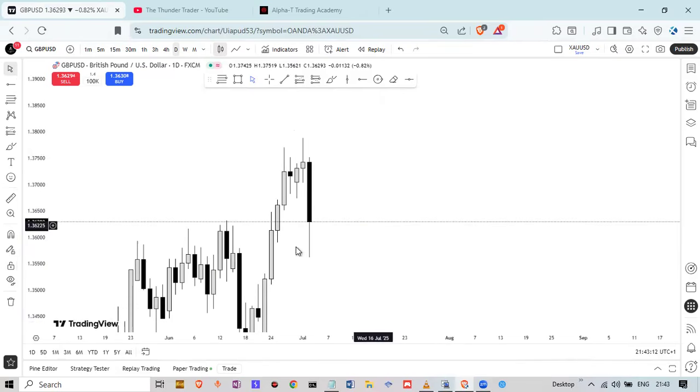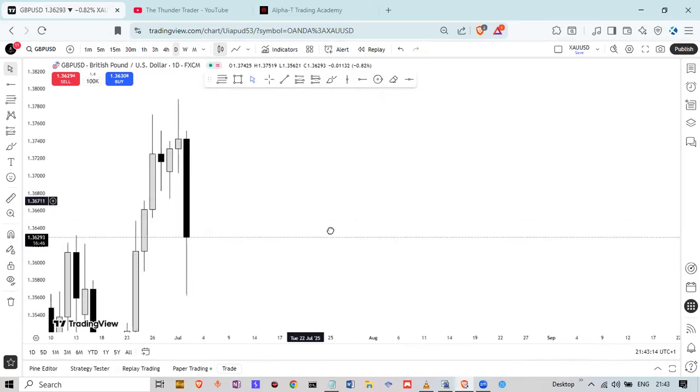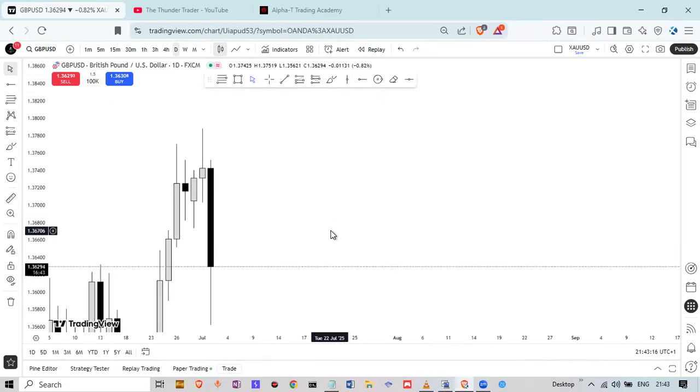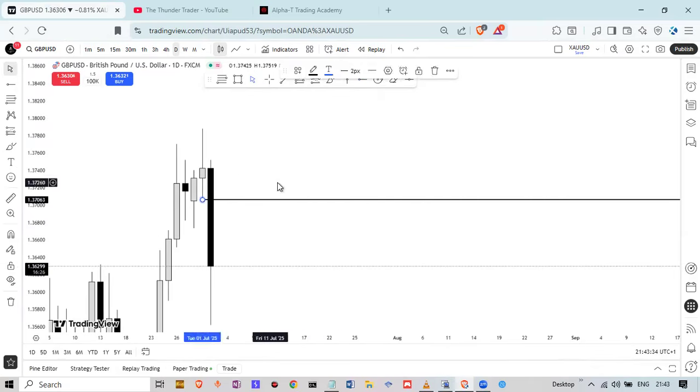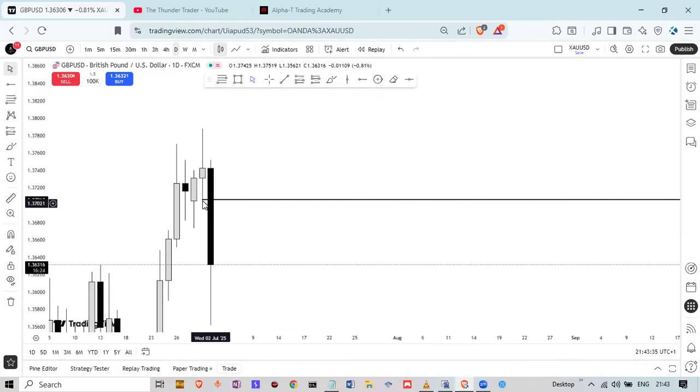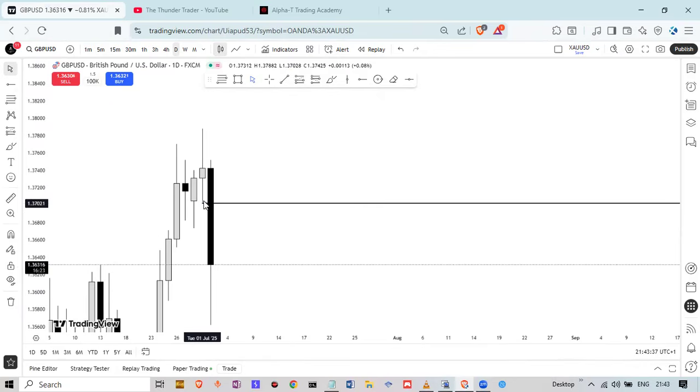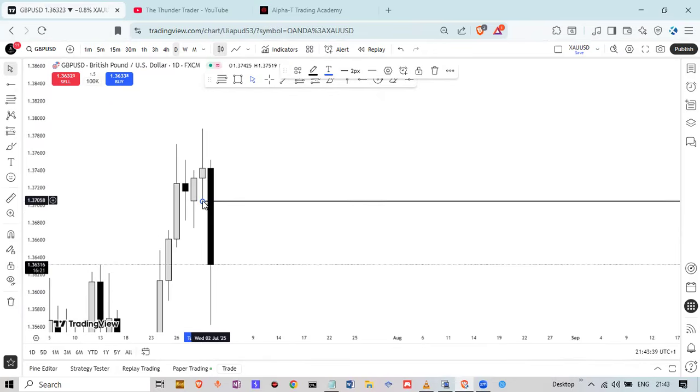Now, if I zoom a bit closer, imagine that this present day candle has finished forming. Do you see that the candle broke beneath the key level at the bottom of the wick of this candle?